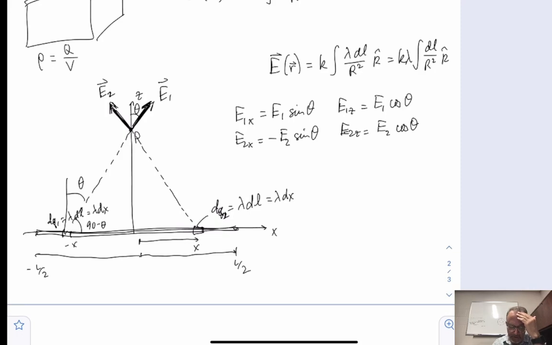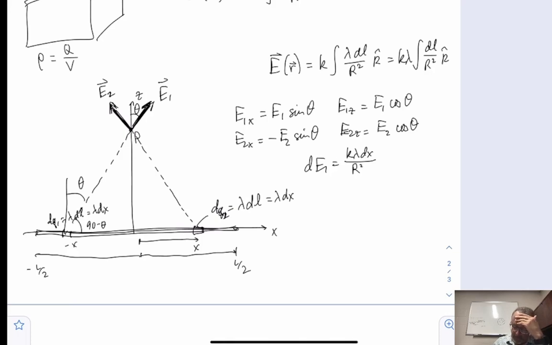What we notice here is that since E1 and E2 have identical magnitudes at this point, dE1, the differential segment from that charge, would be k lambda, we could use dx or dl, doesn't matter, over r squared.